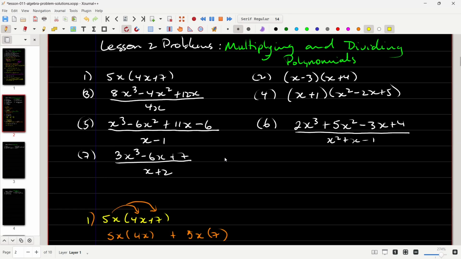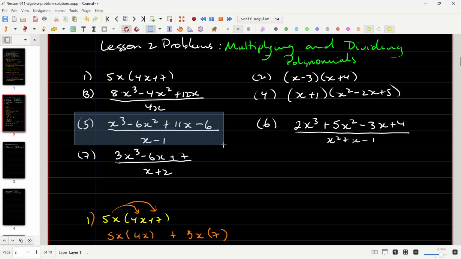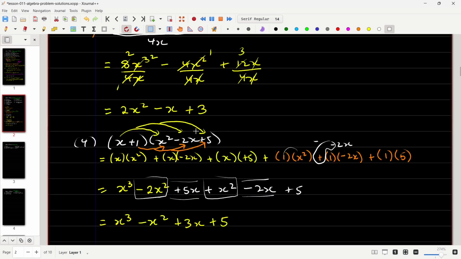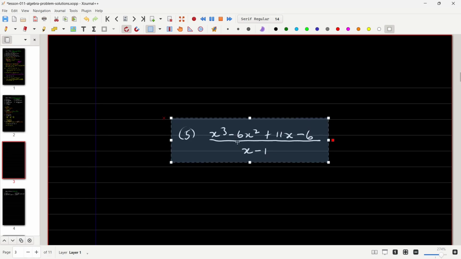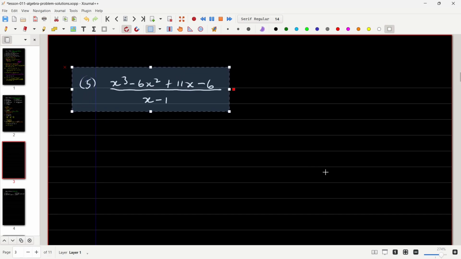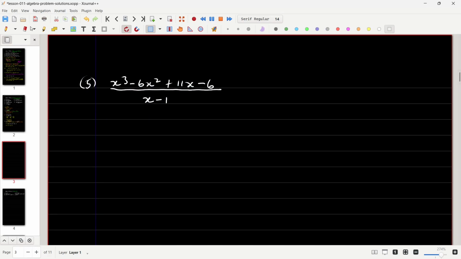And then we're going to have number 5. Let me just take number 5 here. Number 5, we need more space. Right. So I'm going to break this down and do synthetic division on it. I'm going to take the coefficients of each one here.